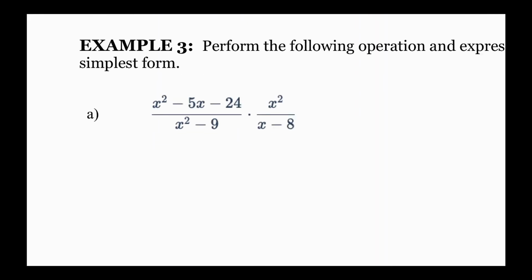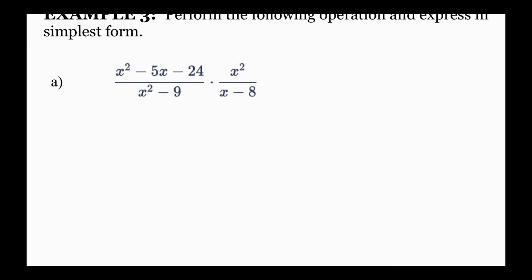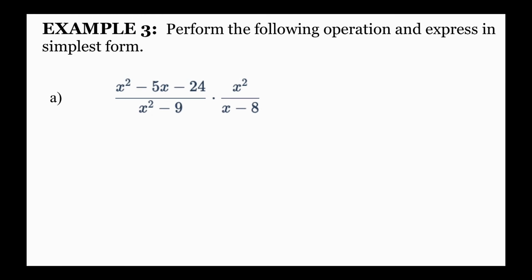Okay, so when we do number 3A, we're going to do the exact same steps. It's just going to look a little different because they're not monomials. They're binomials and trinomials. Okay, so this is a multiplication question. So the first step is factor everything. Factor numerators and denominators. So I'm going to color code just so you can see it a little better.